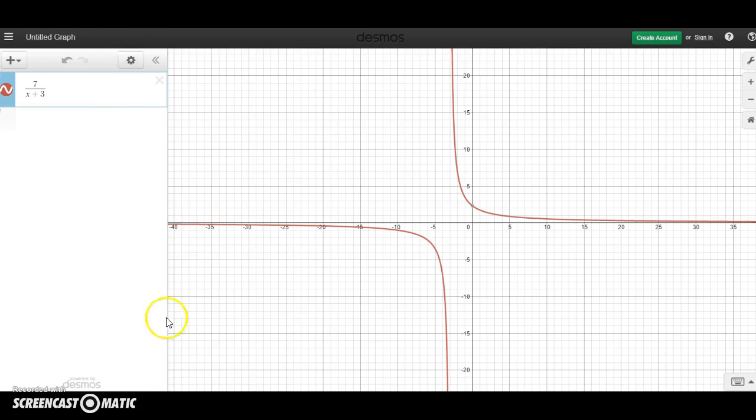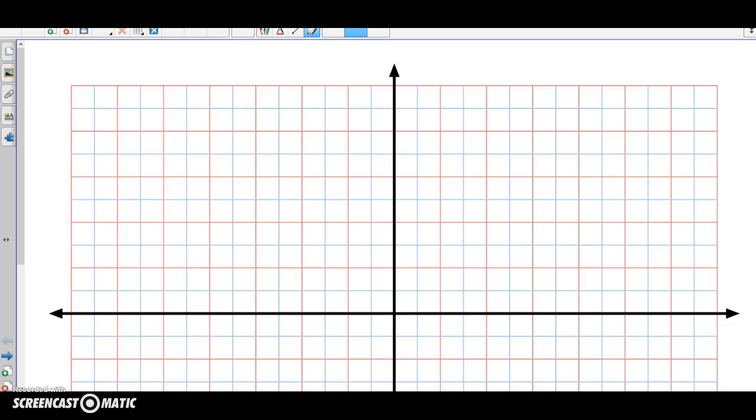Let me go over to Smart here for a second. I had 7 over x plus 3, so there's my function, and I want to know how to sketch this. First thing you want to look at is your x and y intercepts. When x is 0, I have not moved side to side at all on the graph, so that's my y-intercept.